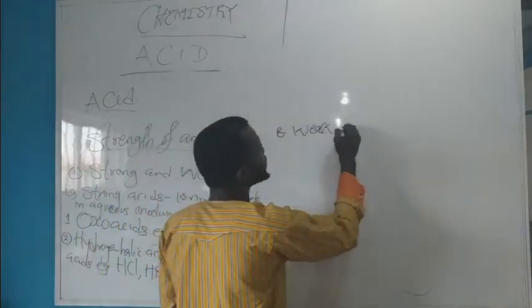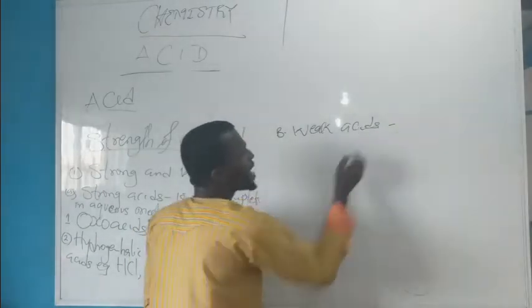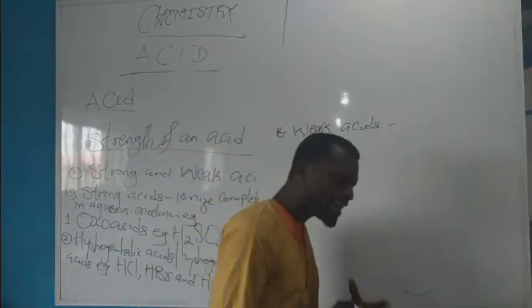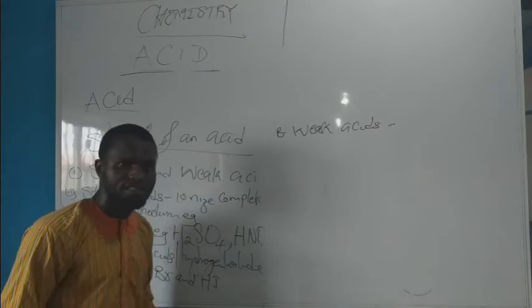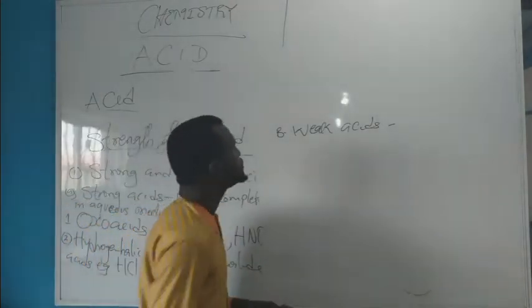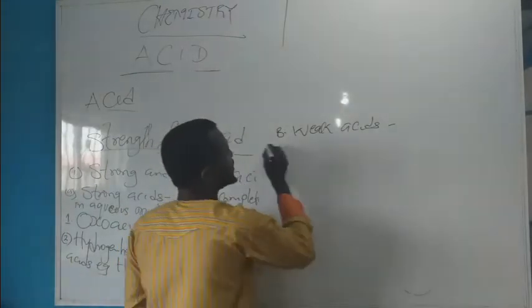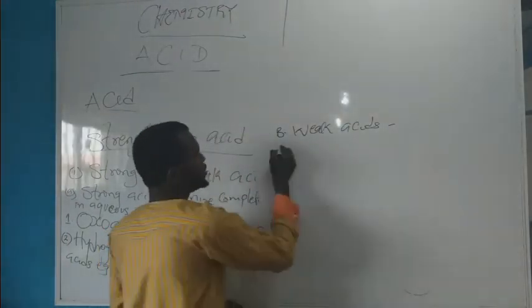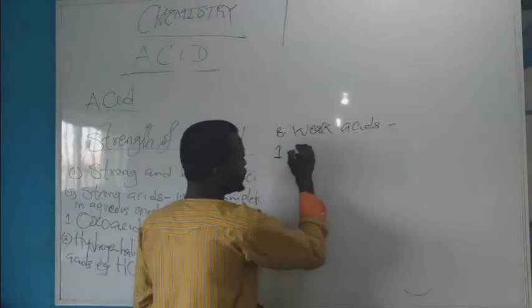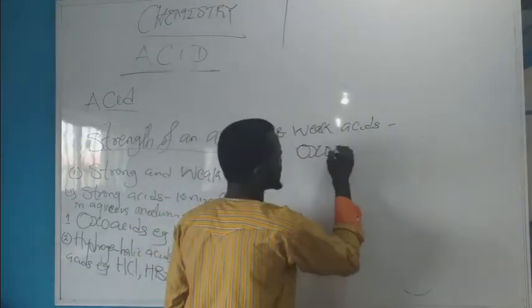Weak acids ionize incompletely or partially in aqueous medium or in water to produce fewer ions. Examples are Roman numeral 1, oxo acids.